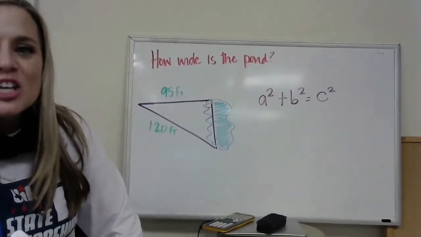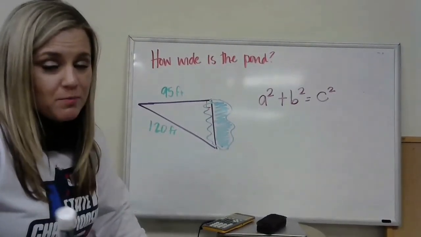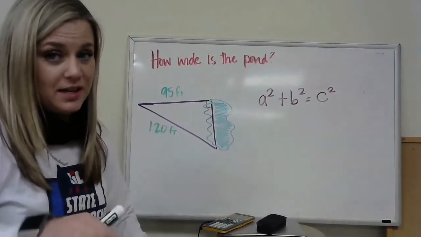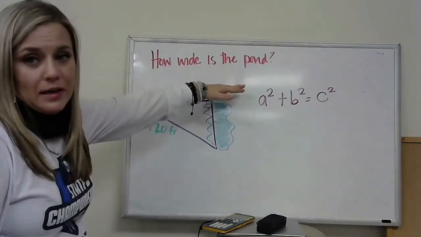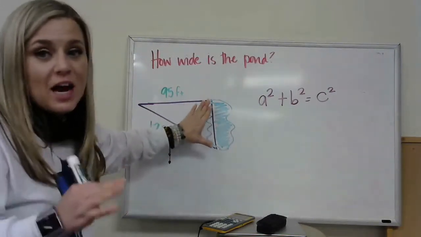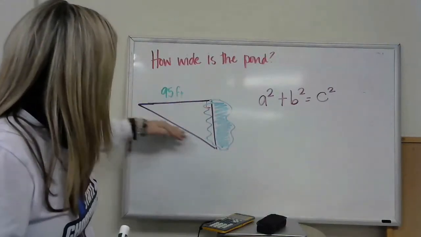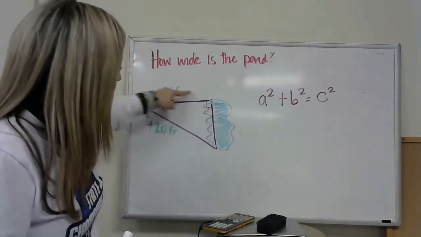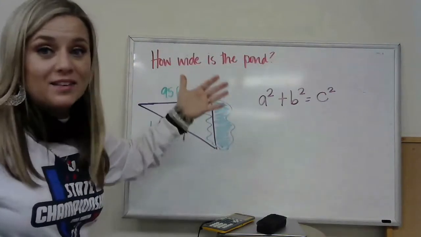Hey guys, so last example. I want you to try to do this on your own. When I get done reading it, just pause it, try to do it on your own, and see if you get it correct. All right, how wide is the pond? Here's your pond. This is how you can figure out how wide it is. If you go out like this, go out here and then do the hypotenuse over here, you can figure out how wide the pond is.